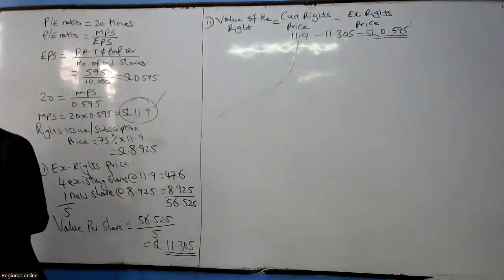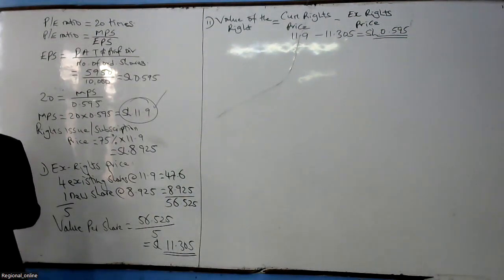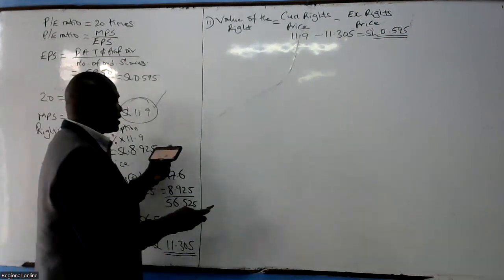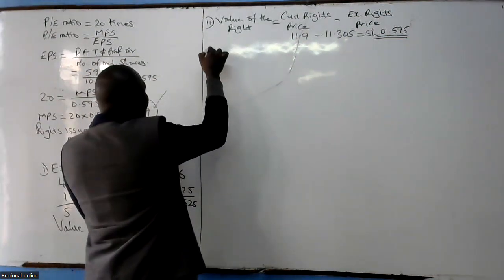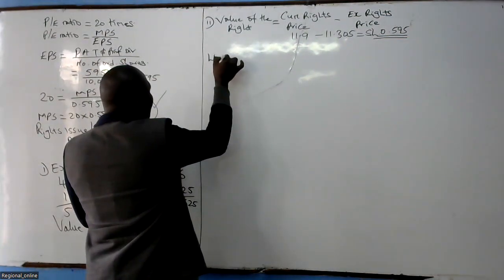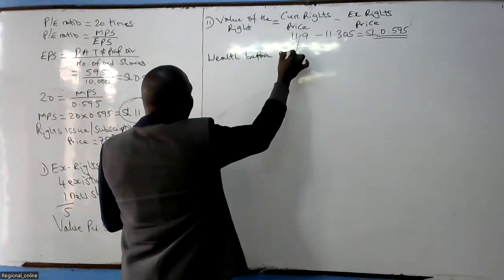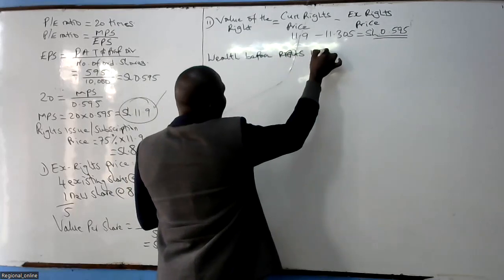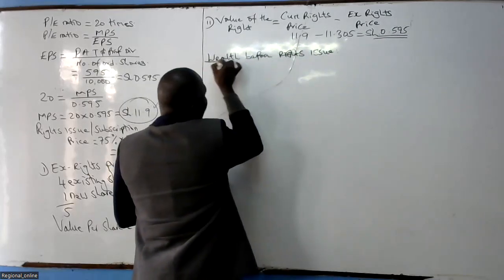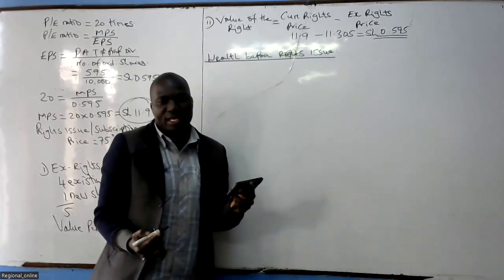It's all about a comparison. So can we start by asking ourselves, what is the wealth before the rights issue? The wealth of the shareholder before the rights issue.